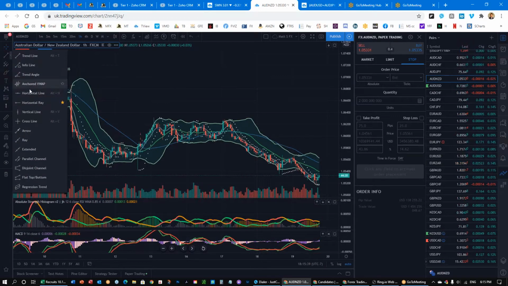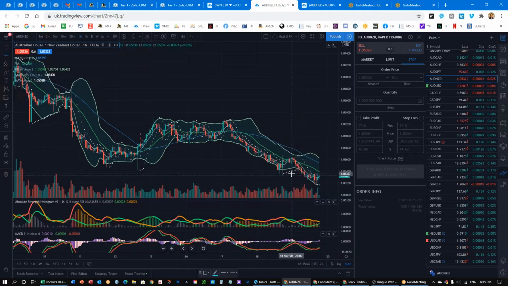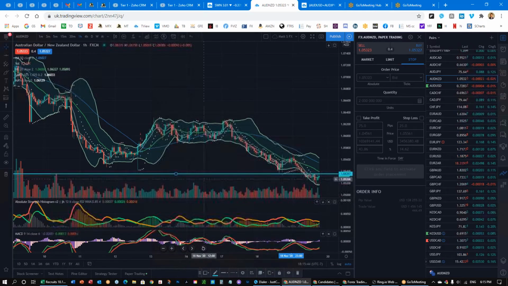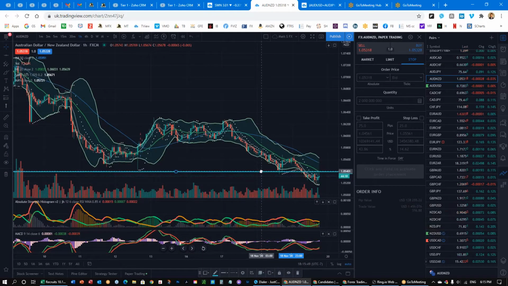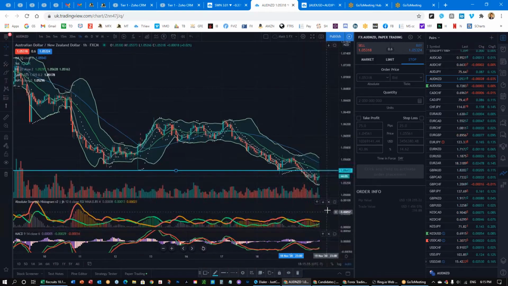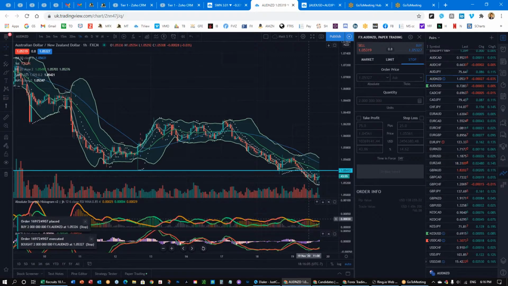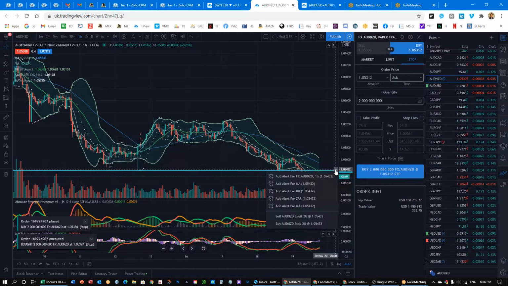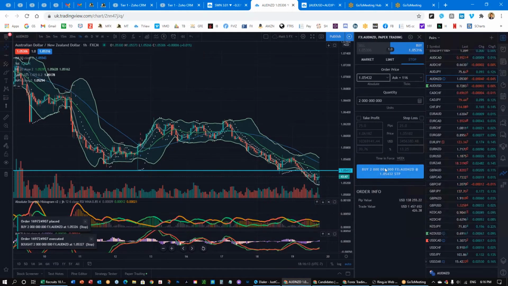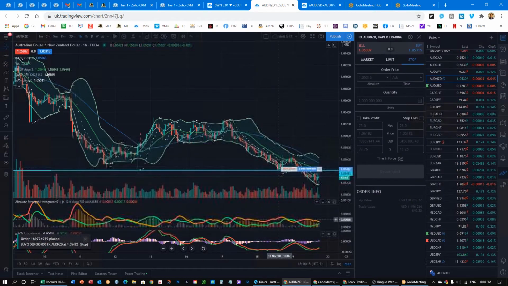By significant level, I would say this recent level right here is important, because that's where it was back there too. So maybe I'll put a stop buy order just above that. Buy. Okay, now we have a stop buy order just above that.